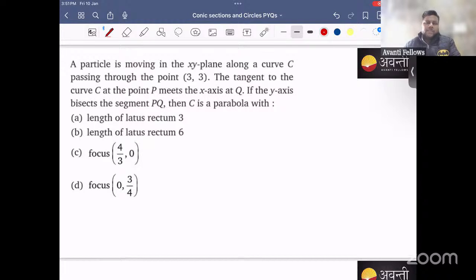Quickly try. A particle is moving in the xy plane along the curve C.